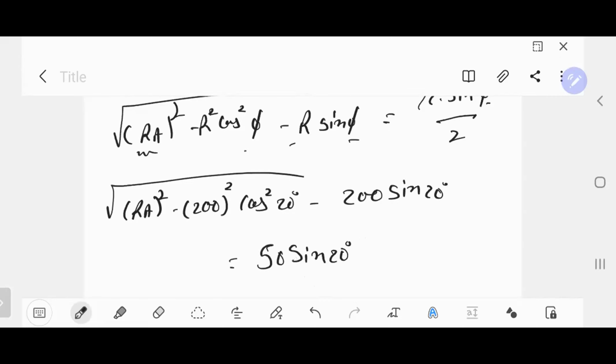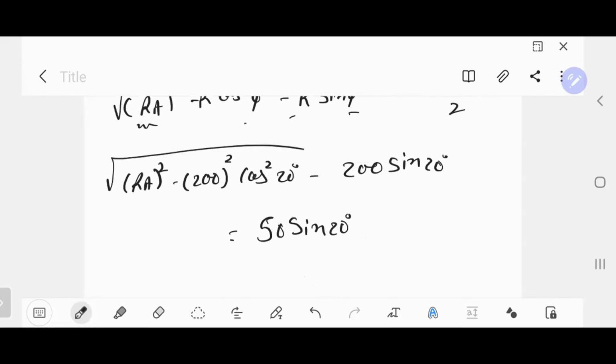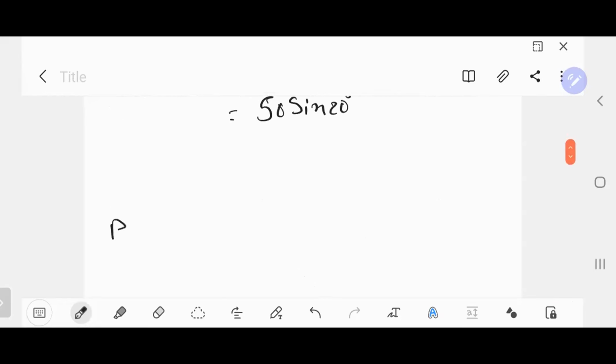So now you have to use the calculator. And yes, one more thing: complete it for both, path of recess also. Path of recess, that is equal to what?